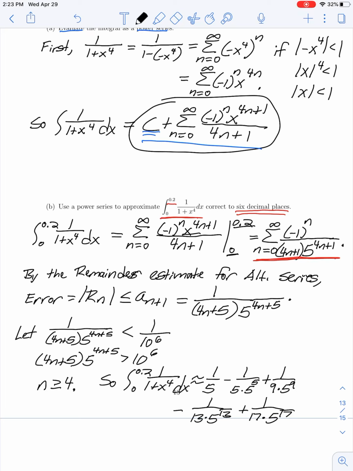So that last term corresponds to n equals 4. So the sum of these first terms would be an approximation of the value of that definite integral, which is correct to within 6 decimal places. So in this last example, we combined a few different topics that we've talked about throughout chapter 6 thus far.